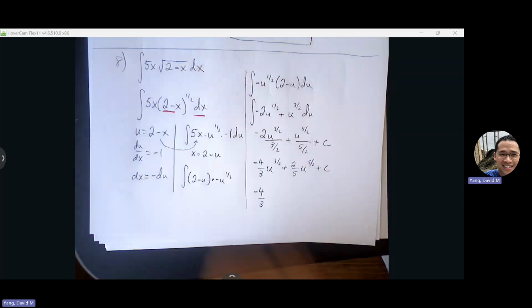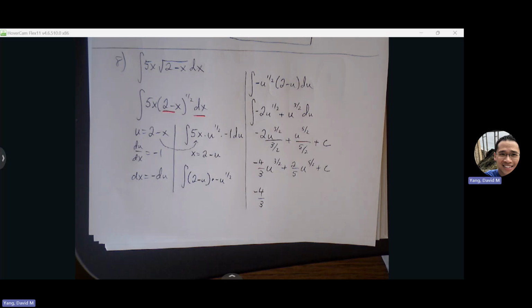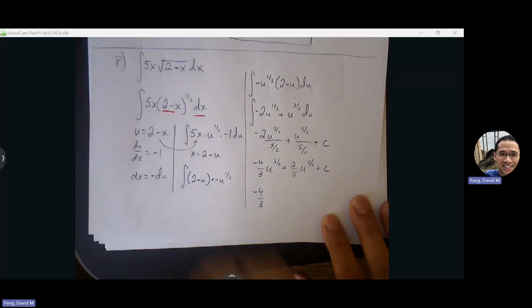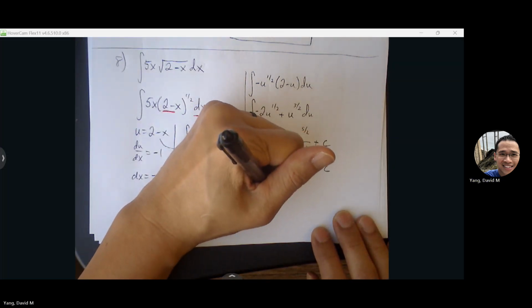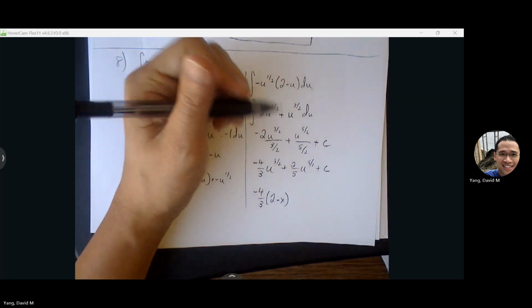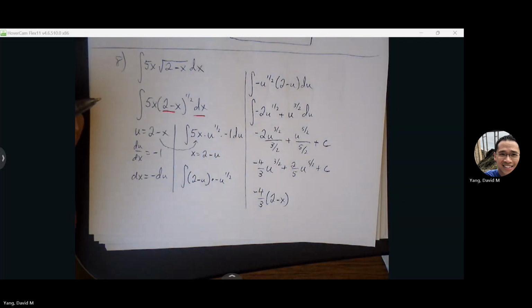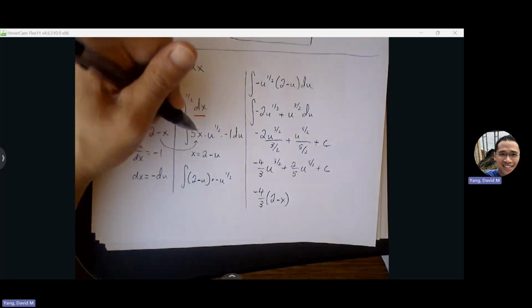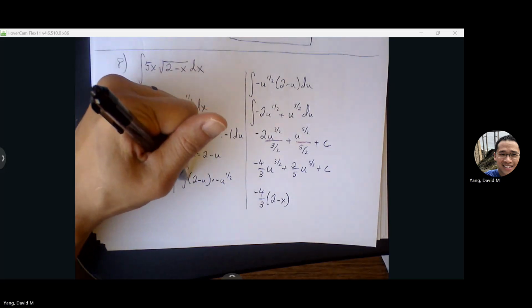Don't forget your u value is only a temporary variable. We want to bring back our original variable here. Oops, I forgot about the 5 here.